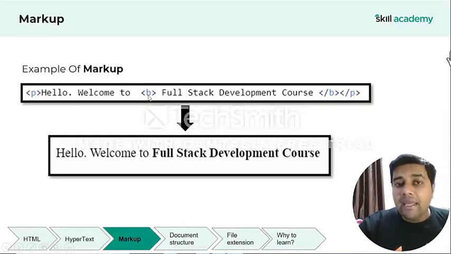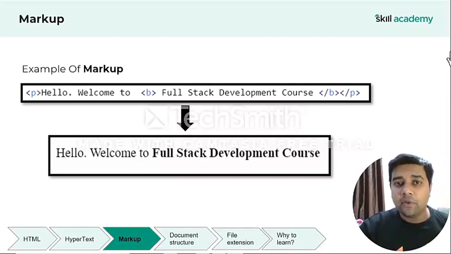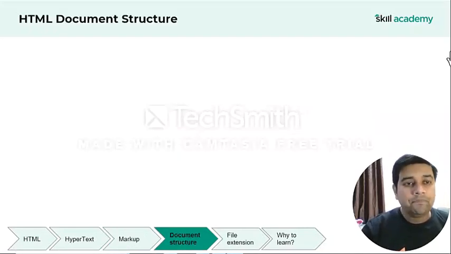B here is a tag, and what this tag will do is make your full stack development course appear in bold letters. So the moment you write this piece of code, you will have this output. So what is P here? What is B here? They are tags, and a computer language that comprises tags is known as markup language.